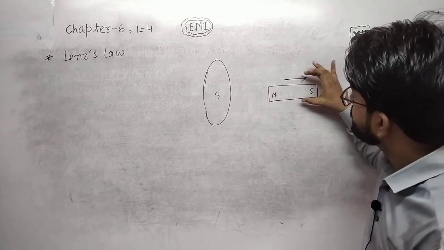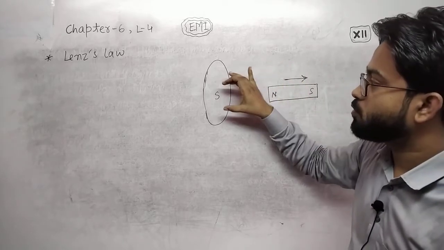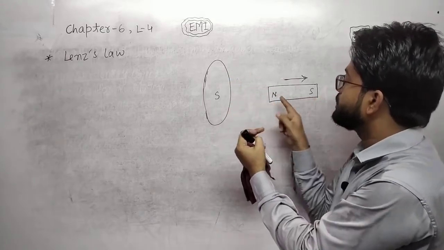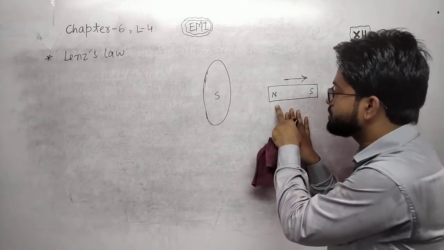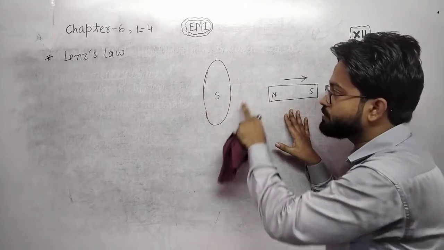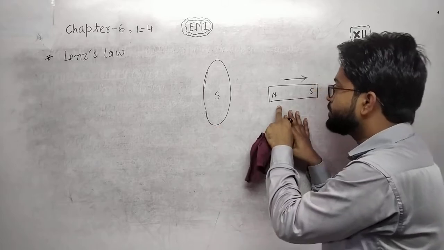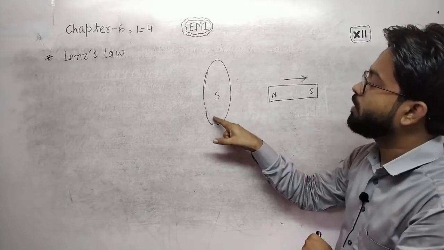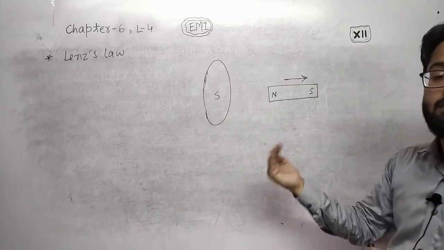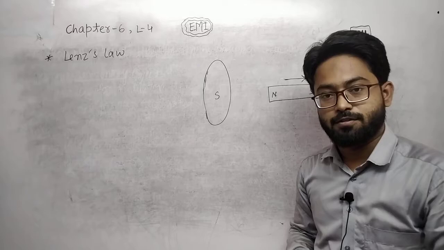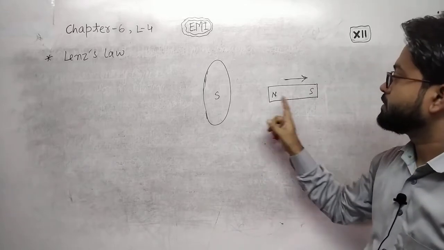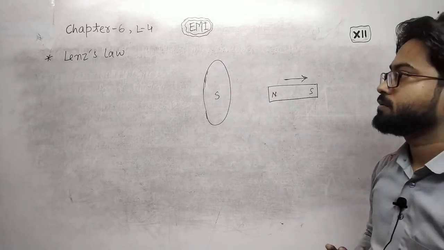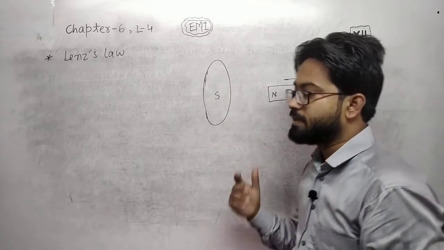If the bar magnet is moving toward the coil, it will behave like a north pole, because the current is produced inside the coil due to the motion of the bar magnet toward the coil, and the coil will oppose the cause that produces the current. If it is the opposite, the polarity of the coil will be south. It is very easy, and that is the Lenz law.